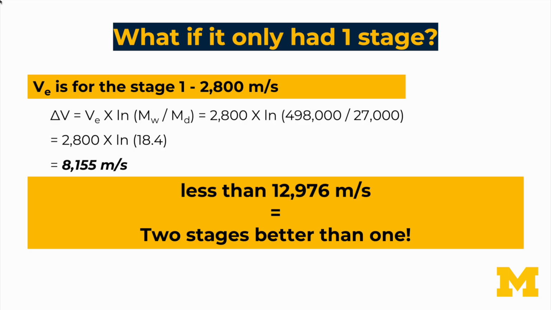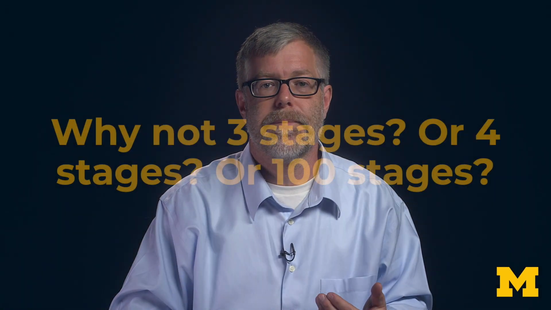With 12,976, you could escape Earth. With the 8,395, you could barely get to orbit. And so a 1-stage Peregrine 8 would barely get you to orbit. A 2-stage Peregrine 8 would get you to escape Earth, much more capable.